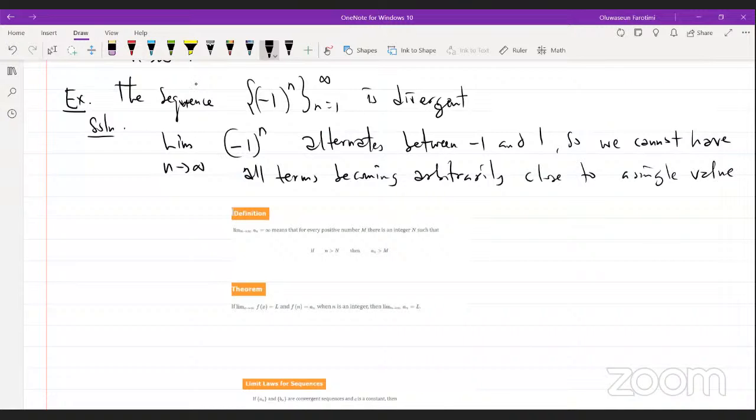Now, the idea of convergence is that, just as I said earlier on, they are moving closely to the same number. Okay, so I'm using the word closely in a loose sense now. They are approaching a certain value.